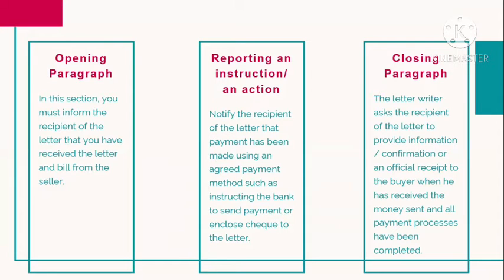Next, closing paragraph. The letter writer asks the recipient to provide information or confirmation or an official receipt to the buyer when he has received the money sent and all payment processes have been completed.